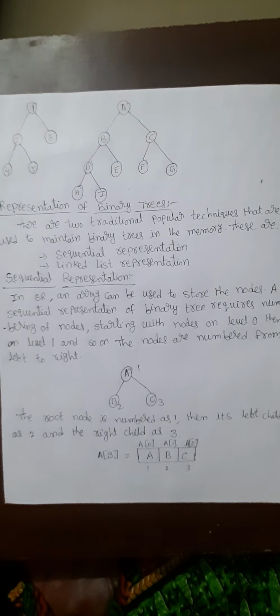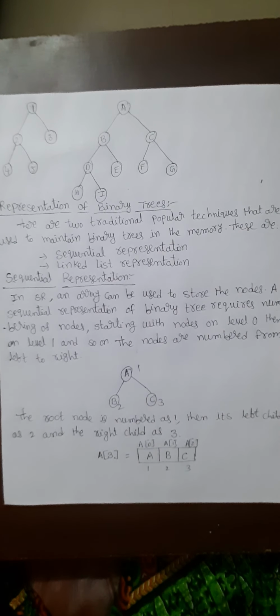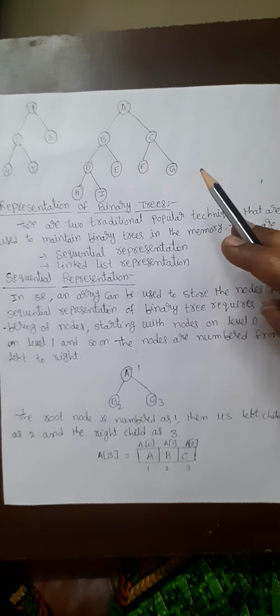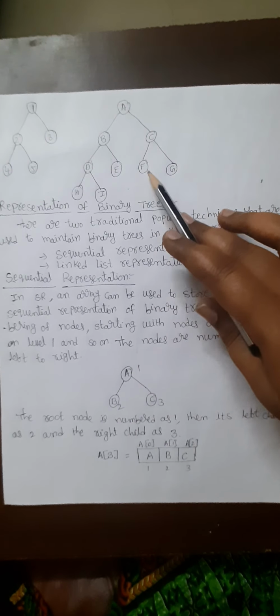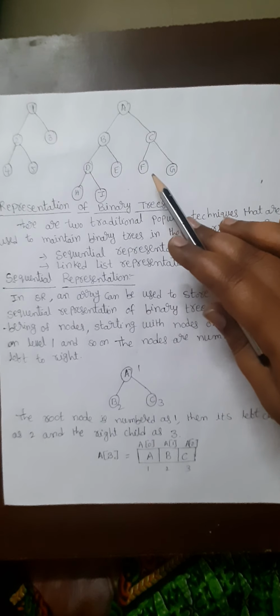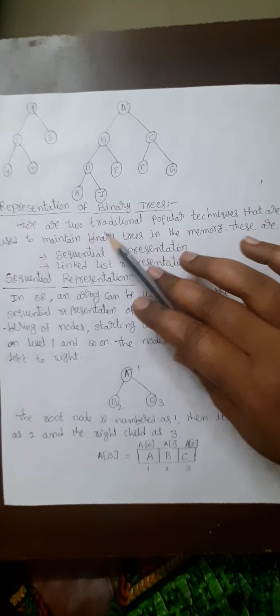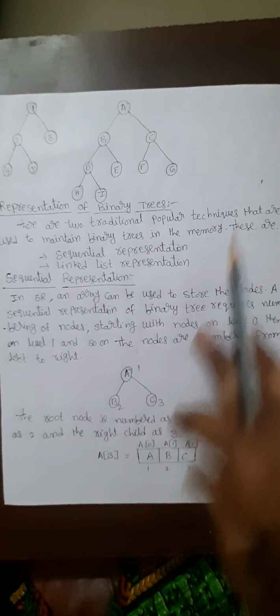That means any node at level less than n minus 1 has 2 sons, and here it contains the right descendant at level n, and it must have the left son. It contains the left sons, and every left descendant of the node is either a leaf node or else it may have 2 sons.